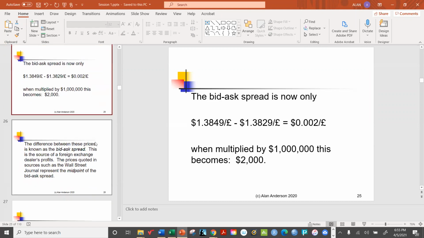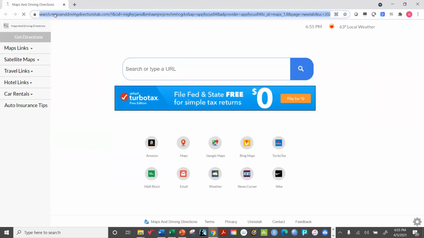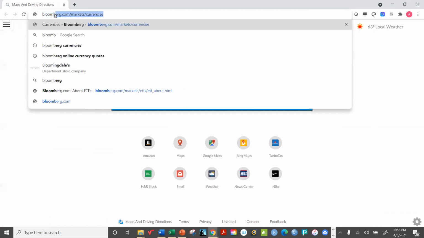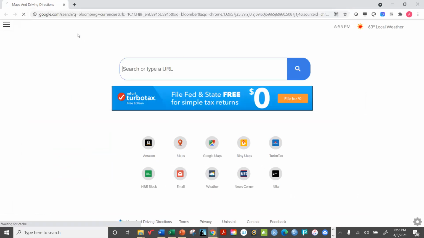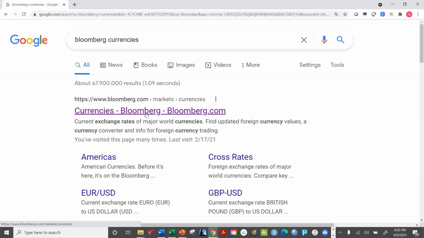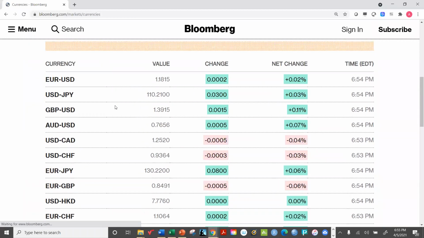So let's say you go to the internet and you say, listen, I want to look at some exchange rates. I'm interested in traveling. And you look at here and you say, oh, here we go, it would take me $1.3915 to buy a British pound.